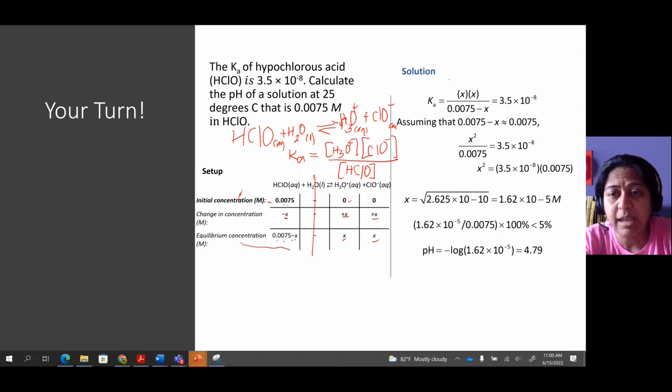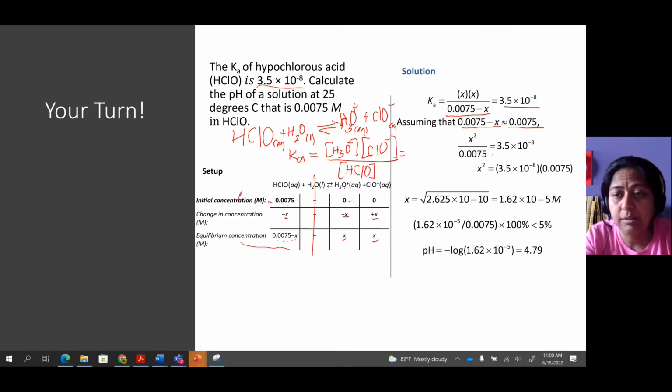Then we plug those values into the Ka equilibrium expression, which is equal to 3.5 times 10 to the negative 8. And then we assume 0.0075 minus x is approximately equal to 0.0075.